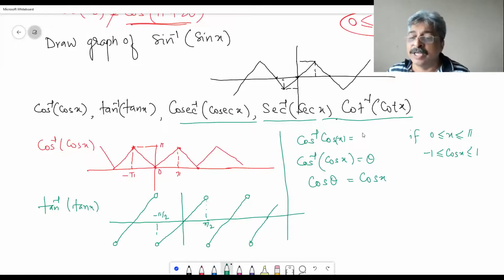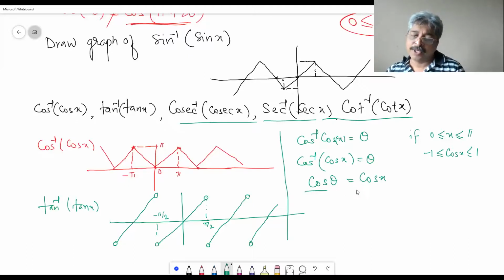If we assume that cos inverse of cos x is equal to theta, then cos of theta is equal to cos x. And now I want theta back. I want to express this as cos inverse of cos x.